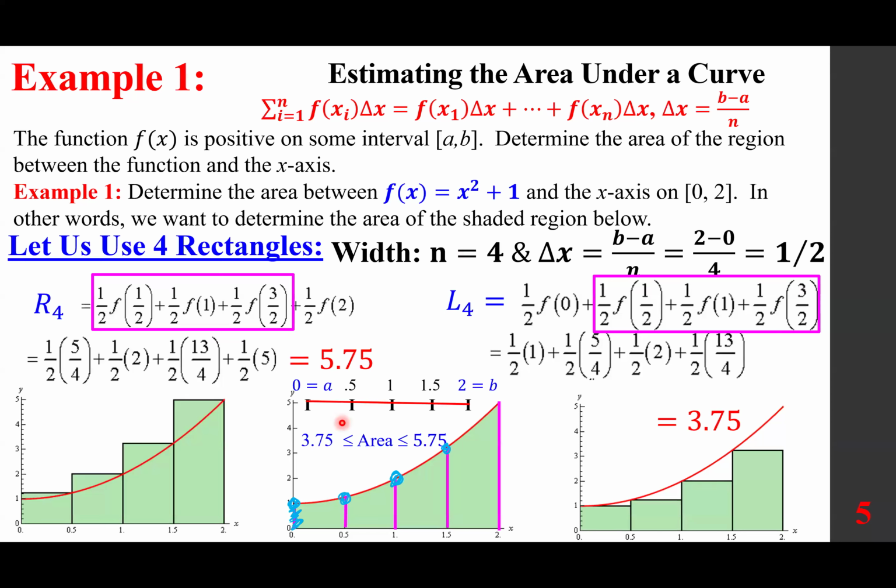Cut it into 4, and the end points are 0, 0.5 or 1/2, 1, 1.5 or 3/2, 2. For the left endpoints, use all of them except B. For the right endpoints, use all of them except A for the height of the function.